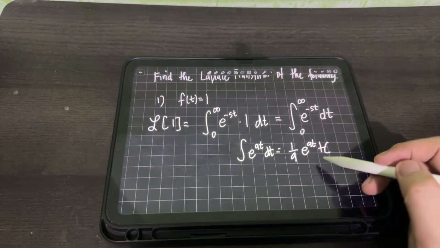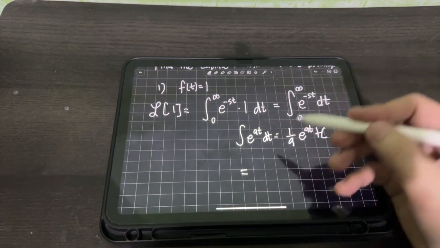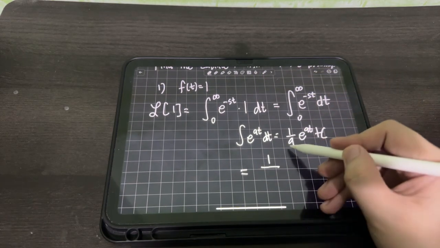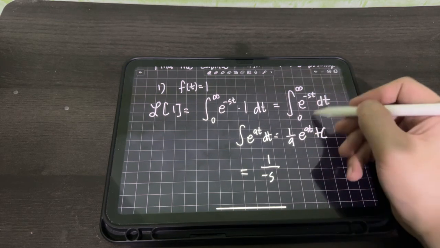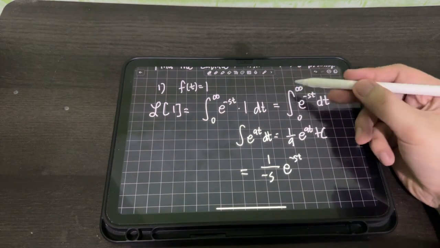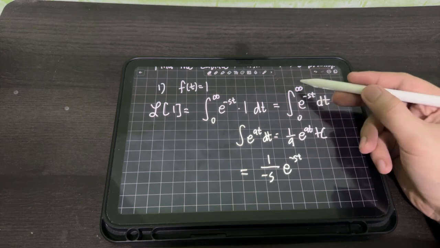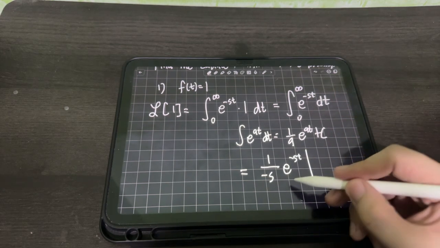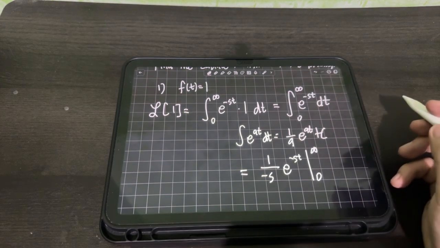Applying this formula, the integral of e to the negative st is simply 1 over a, which in this case is negative s, then copy the same function e to the negative st. Since we have a definite integral, we need to evaluate this from 0 to infinity.